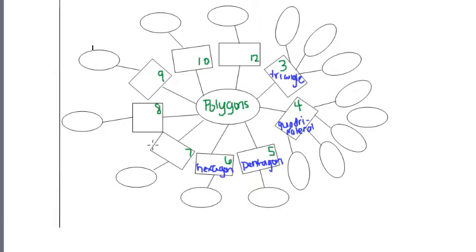Here's a new one for you. A seven-sided shape is called a heptagon. Eight-sided is an octagon. Nine-sided, this one should be new too, is a nonagon. Ten is a decagon.